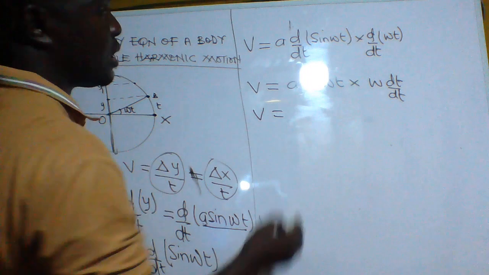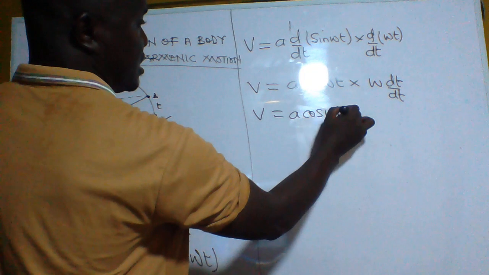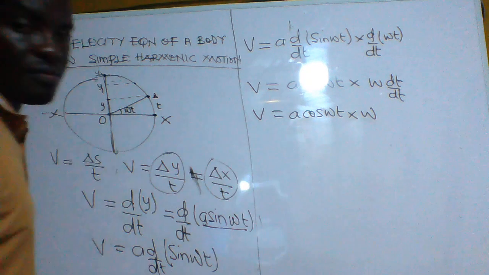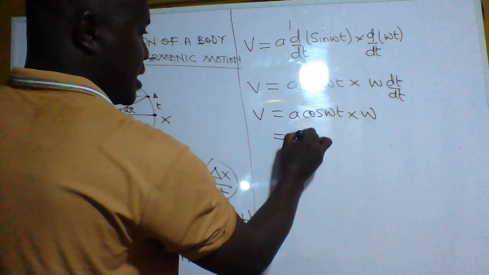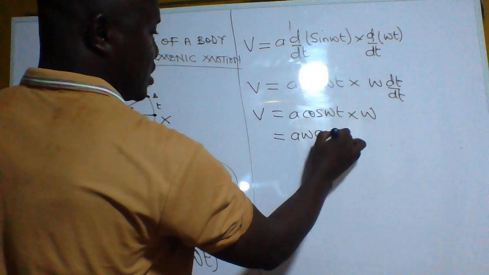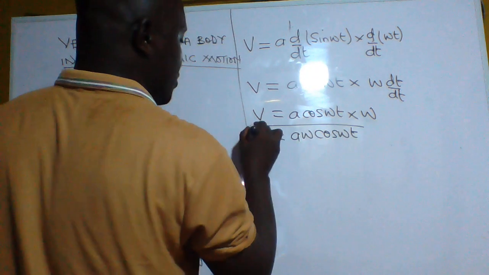So A cos omega t by omega, giving us A omega cos omega t as the velocity function.